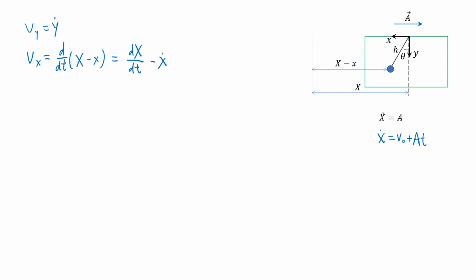So this is capital X, and that's why dX/dt is just v naught plus at, and then minus x dot.